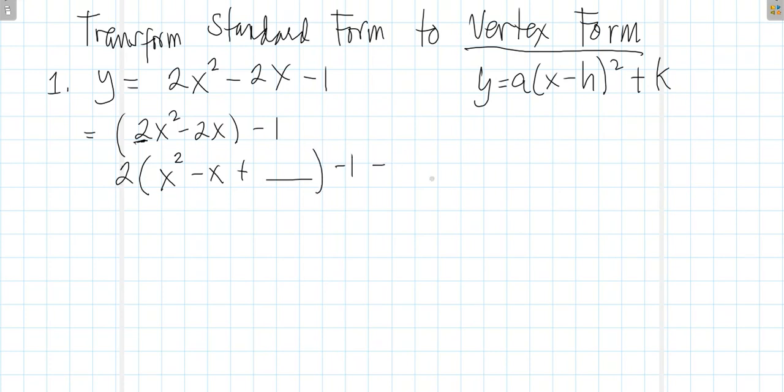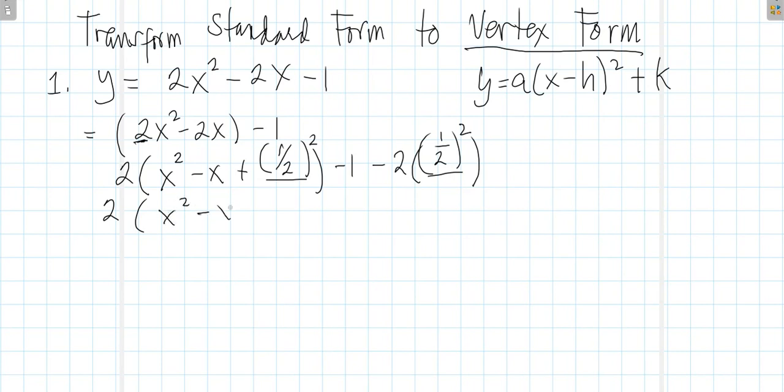Then you're going to complete: minus 1 minus, so we have here 2, multiply this by 2 plus blank. So blank is 1/2 of 1. So 1/2 of 1 is 1/2, squared. So therefore this is now x squared minus x plus 1/4, because you're going to square 1/2.